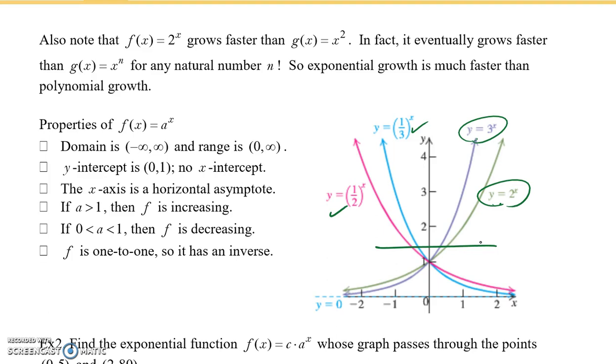And this inverse turns out to be a logarithmic function. So the fact that exponential functions are 1 to 1 is very important in establishing a relationship with the other class of functions that we'll look at in this chapter, that is, the logarithmic functions. We'll continue with the section 4.1 notes in the next video.